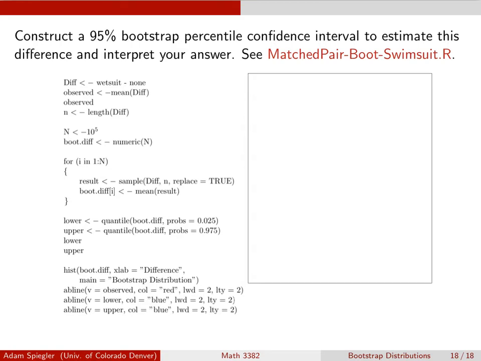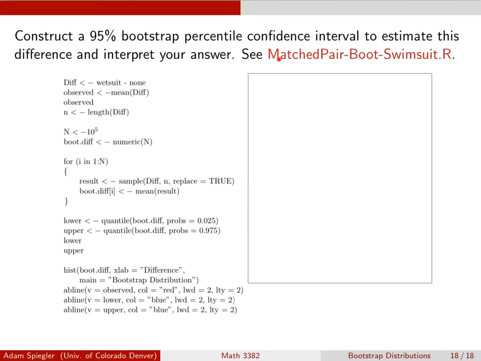What I haven't specified here is that wetsuit is a vector which has already been defined by the 12 wetsuit velocities, and none is a vector that we've already defined using the 12 no-wetsuit values. Those are just two vectors of 12 values, and they're ordered accordingly.